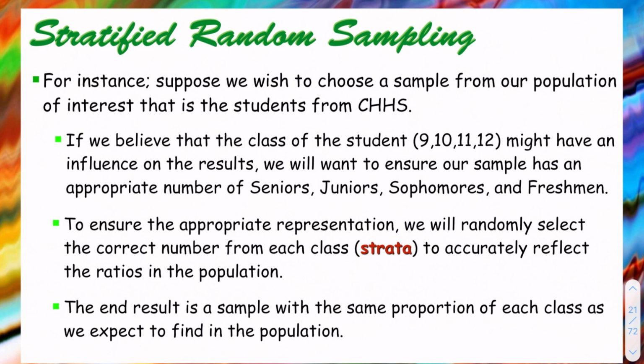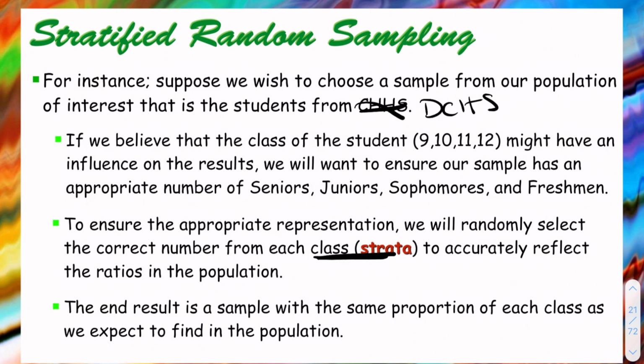So for instance, suppose we wish to choose a sample from our population of interest, that is the students from DCHS. If we believe that the class of the students, 9th, 10th, 11th, and 12th grade, might have an influence on the results, we'll want to ensure our sample has an appropriate number of seniors, juniors, sophomores, and freshmen. To ensure the appropriate representation, we will randomly select the correct number from each class, the class being the strata, to accurately reflect the ratios in the population.